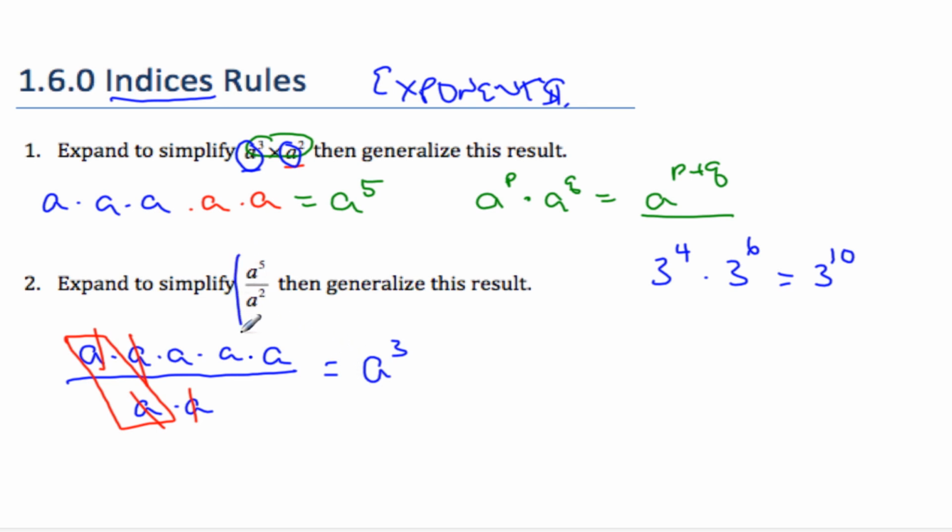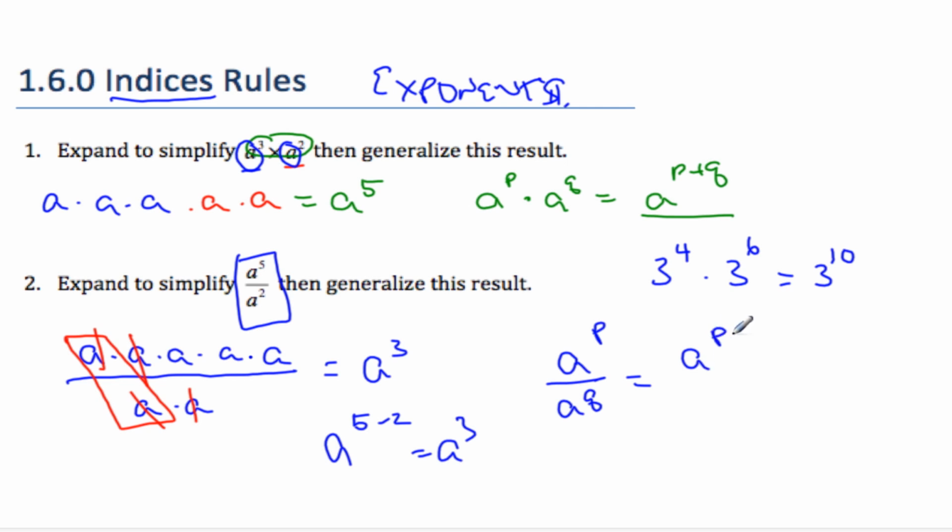Well, if I look at this, the same base, how can I get 3 from the 5 and the 2? Okay, so we're just subtracting. Right, it's 5 minus 2, which is a cubed. So the general rule says if I have a to the p over a to the q, it's the same thing as saying a to the p minus q.